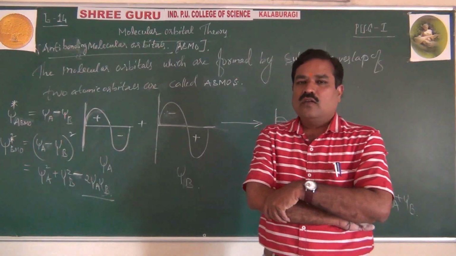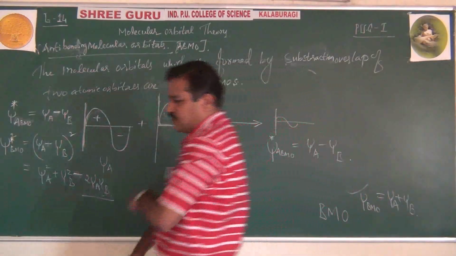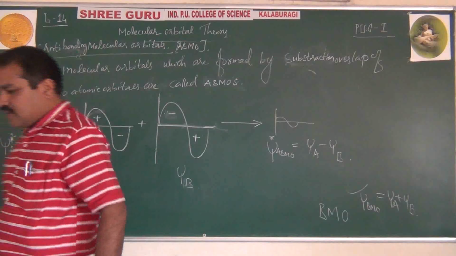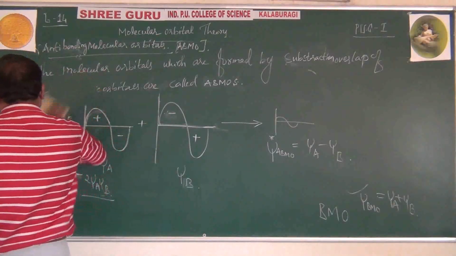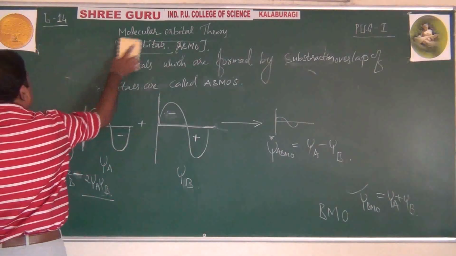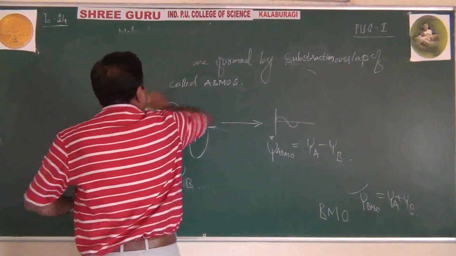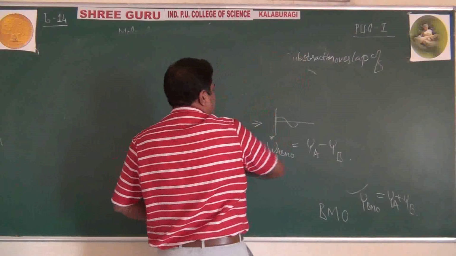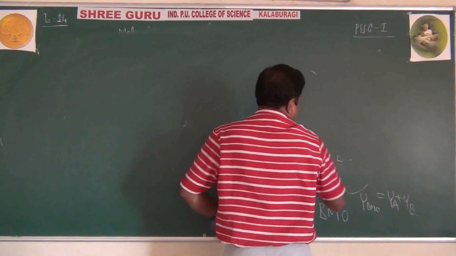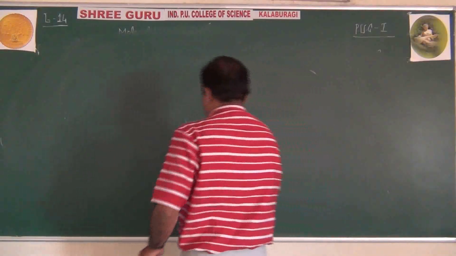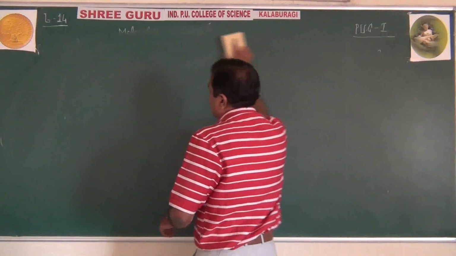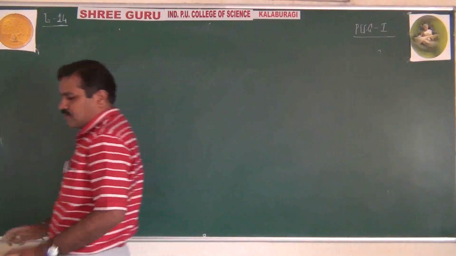So that's about the LCAO method, the linear combination of atomic orbitals principle. Now, what are the differences between bonding molecular orbitals and antibonding molecular orbitals after understanding the LCAO method, students? See here.